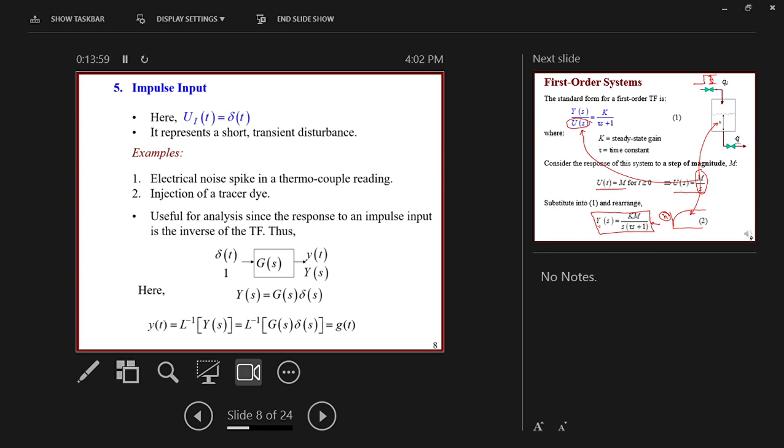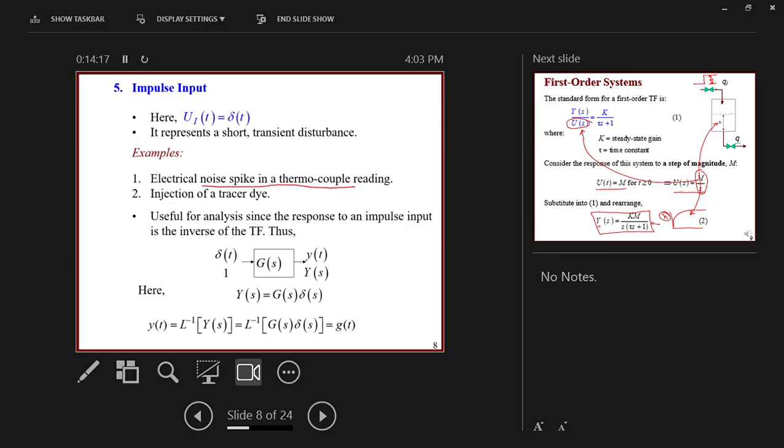This change happened in a very short time that can be approximated as 0 period of time. Other examples of such input: the electrical noise spike in a thermocouple reading.